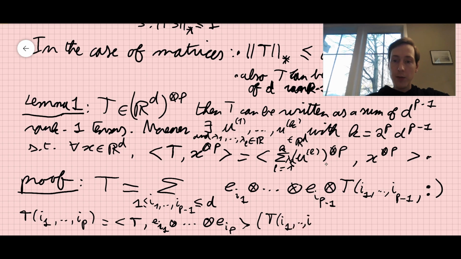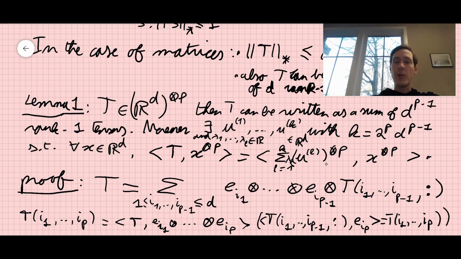So those two arrays, the array on the left and the array on the right, are the same. And of course, on the right, I have a sum of d to the p minus 1 non-symmetric rank 1 tensors. So it's completely trivial that you can write an order p tensor as a sum of d to the p minus 1 rank 1 tensors.